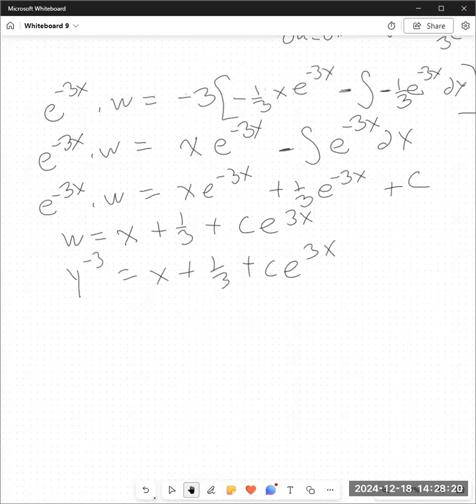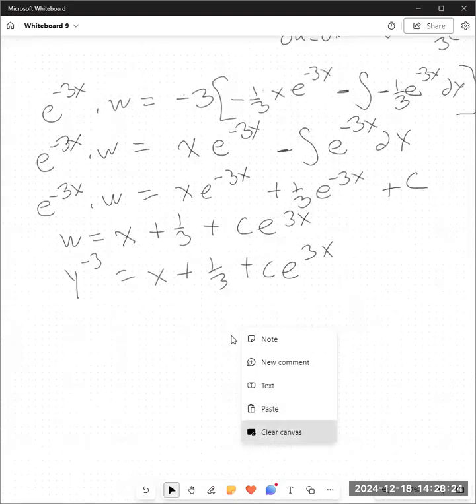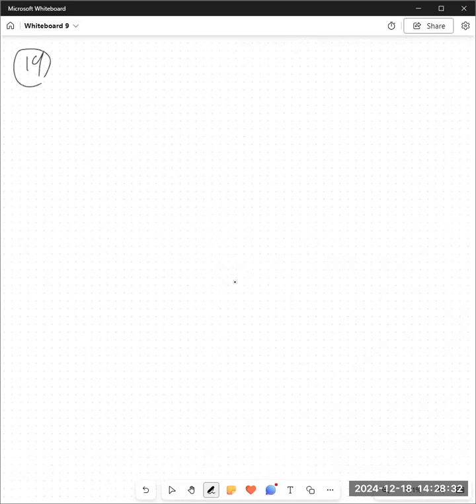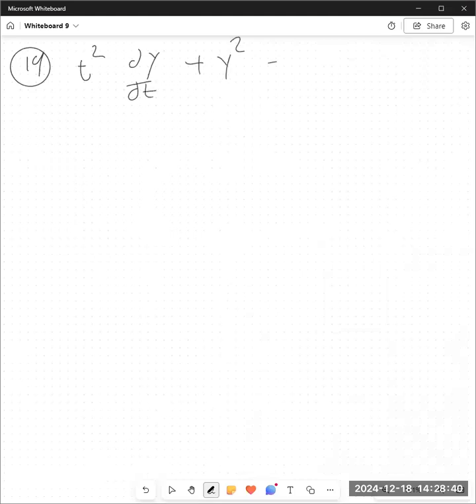Let's look now at number 19. That is t squared dy/dt plus y squared equals ty.